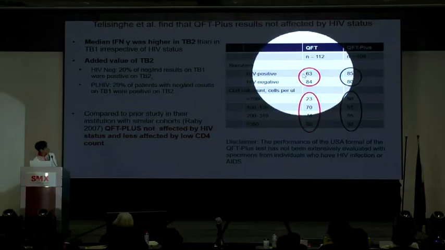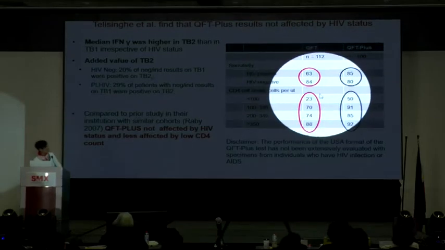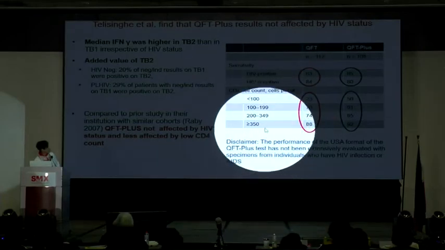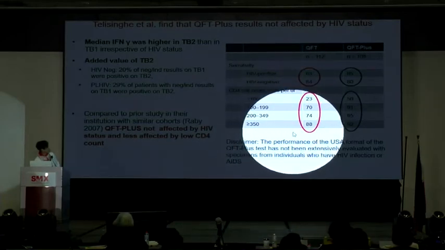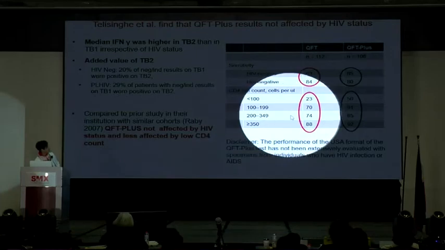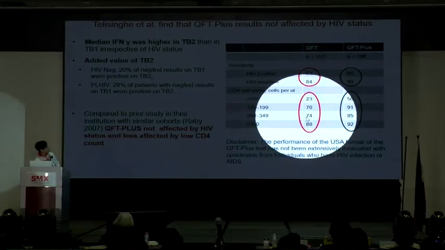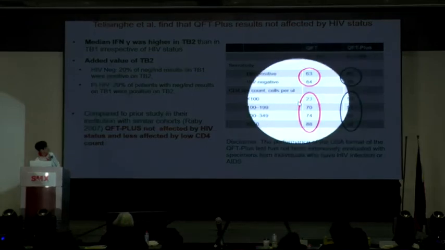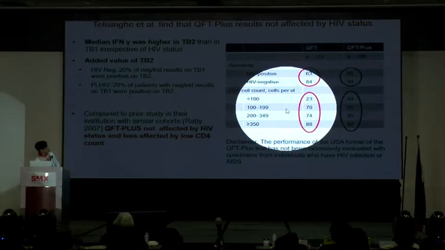The sensitivity was only 63% compared to 84%. And also the impact by CD4, anything below 350, you see a huge drop off in the sensitivity, and horrible sensitivity below a CD4 count of 100.